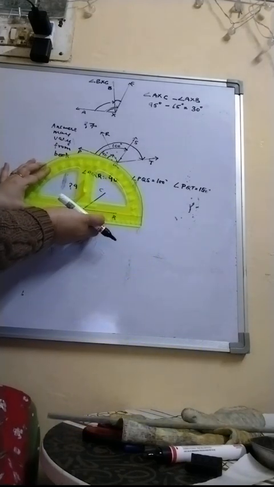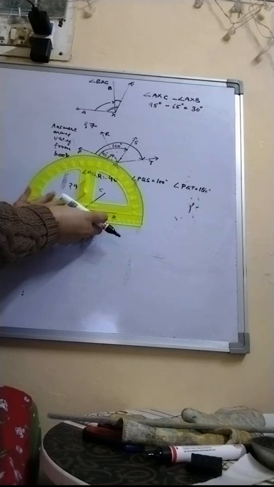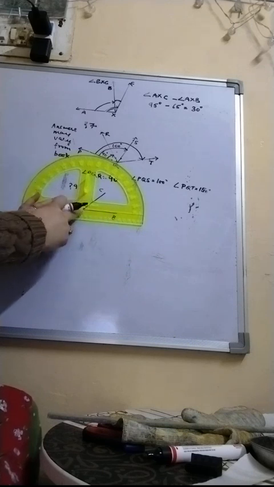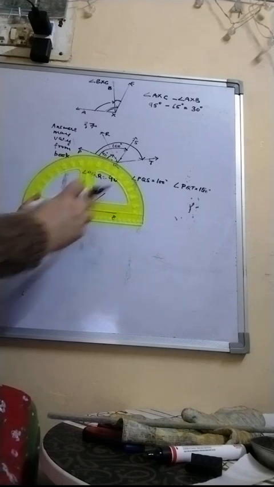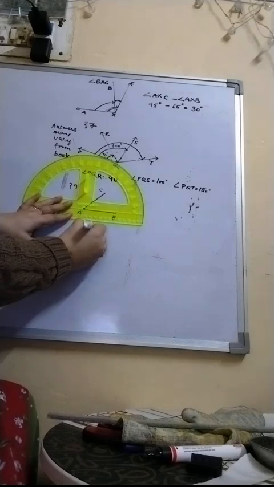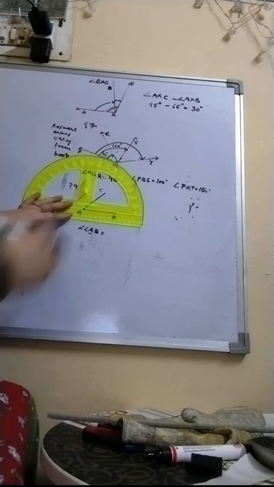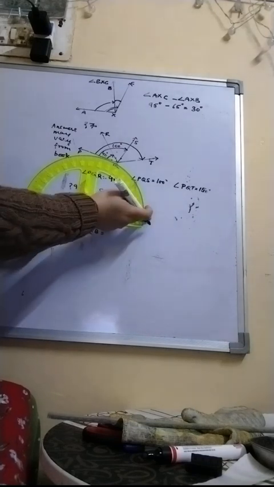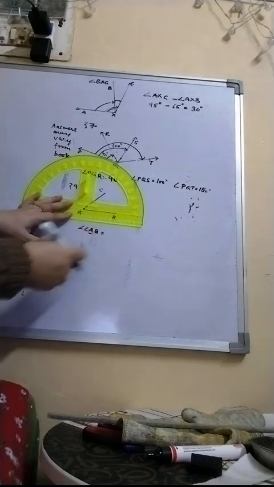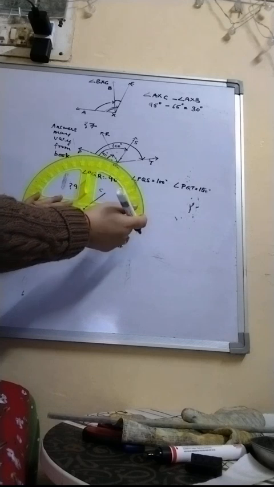How would you measure? Put the center at the vertex A, because it is angle CAB, so the vertex is the middle one. So the vertex is A. Align the line AB. AB is going in the right direction. So align it here and start from the 0 reading.